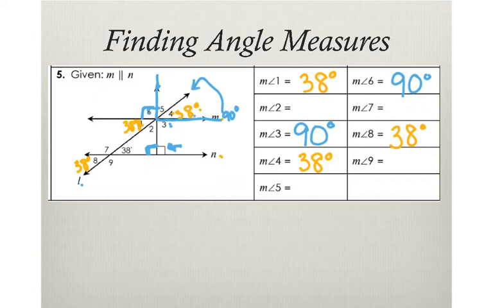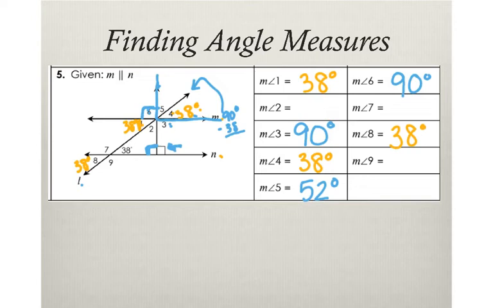Well, if part of it's 38, in order to get the other part, you're simply just going to subtract 38 degrees to get angle 5. So when you subtract those two, for the measure of angle 5, you're going to get 52 degrees.